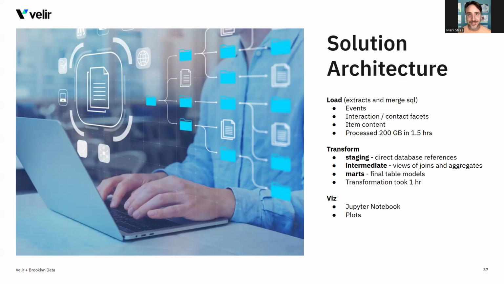It breaks it up into 3 different sections. One is the loading. And so there's different extracting SQL scripts. It's pulling the events and the interactions and the facets and the item content. And then the case that I was giving the example in, we had 200 gigabyte to 100 gigabyte databases of xDB data. We processed that on my personal machine in 1.5 hours, which is pretty good.